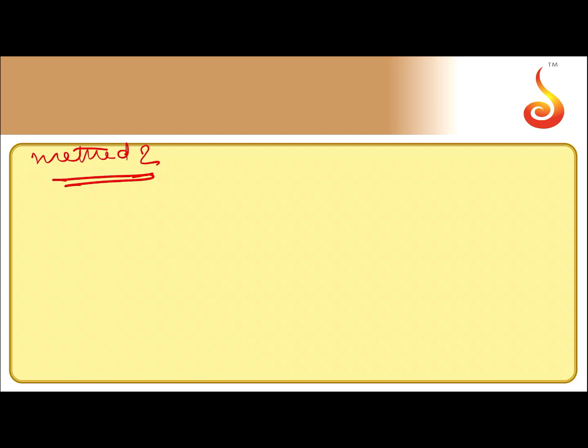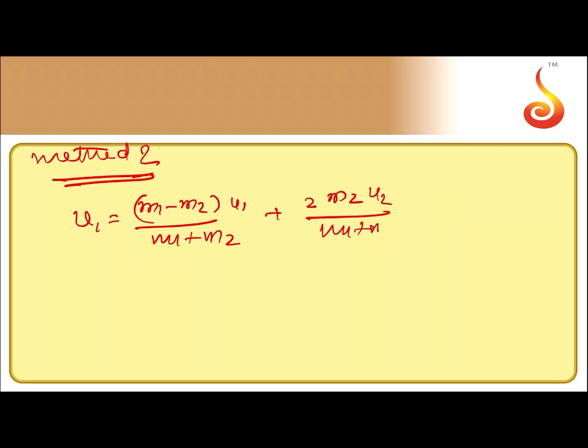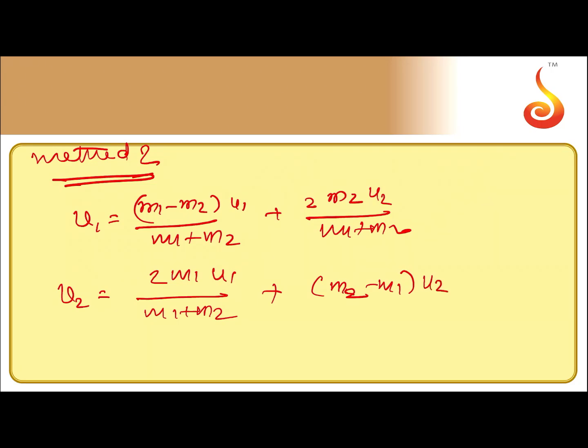What is that? v1 is equal to (m1 minus m2) into u1 divided by (m1 plus m2) plus 2m2 u2 divided by (m1 plus m2), and v2 is equal to 2m1 u1 divided by (m1 plus m2) plus (m2 minus m1) into u2 divided by (m1 plus m2).